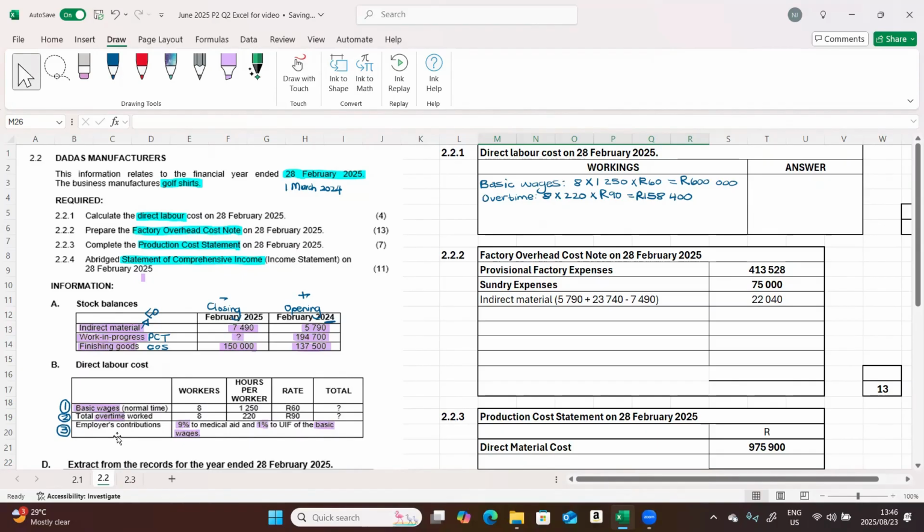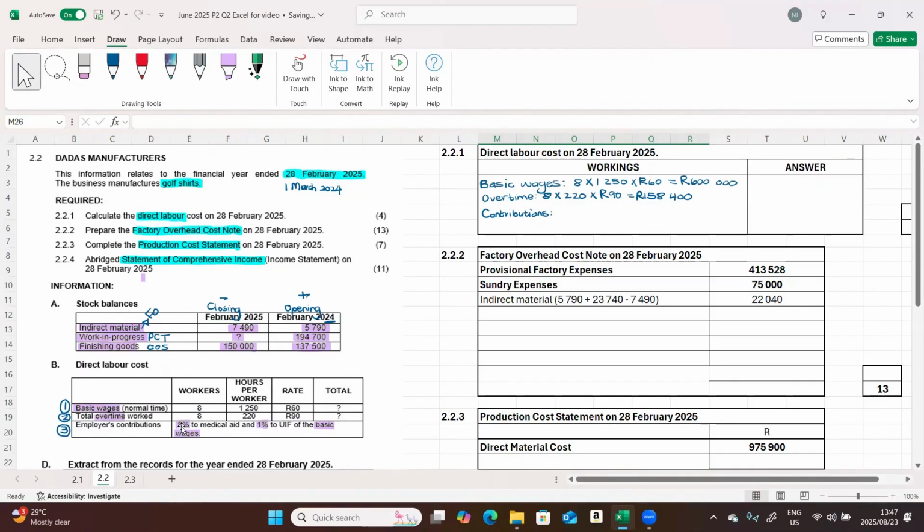Most of you only do the basic wages and overtime, but the employer's contributions is also a cost to the company. So let's go and write contributions.